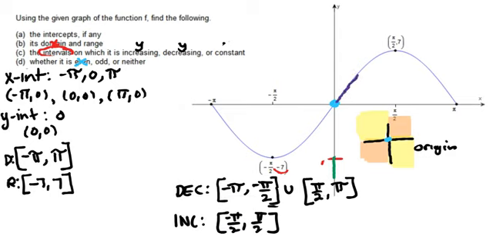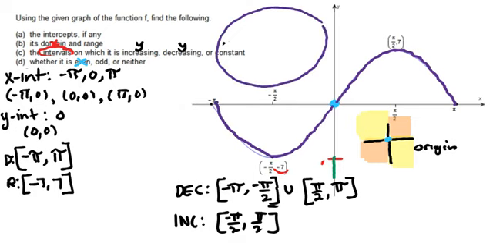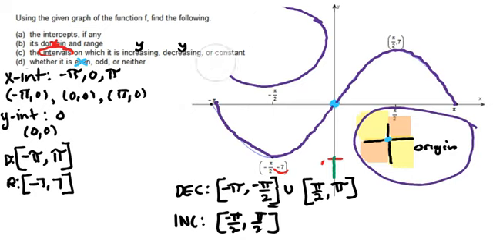I can see that in quadrant 1, I have a mirror in quadrant 3. And then in quadrant 2, we have a blank, meaning that there's no piece of the graph in that quadrant. And we also have blank in quadrant 4.